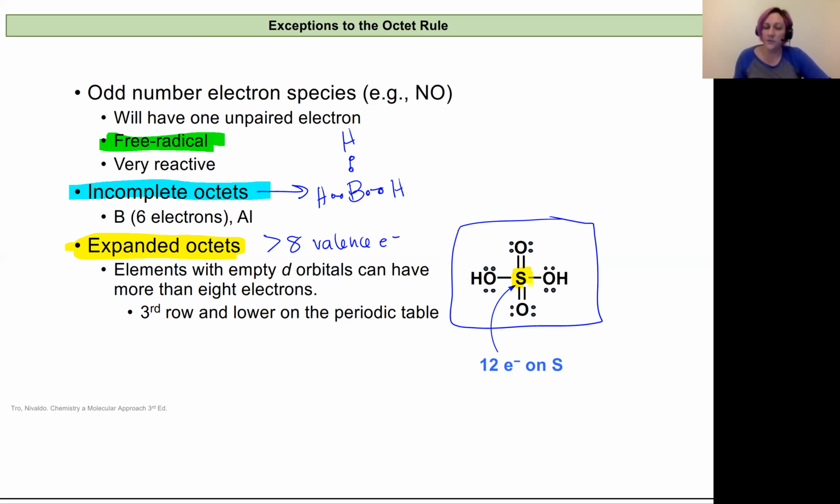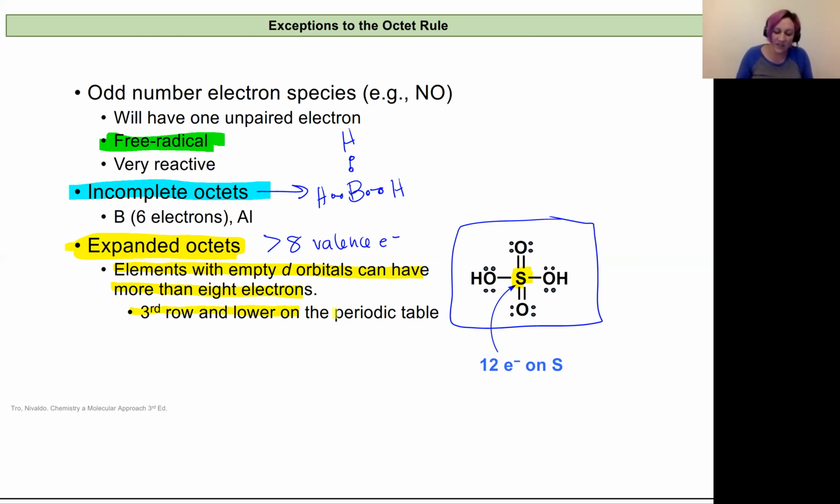But why does sulfur do something different? It's about its position on the periodic table. In the periodic table, elements that have empty d orbitals are going to be able to have more than 8 electrons. And what they're doing is putting those extra electrons in the empty d orbitals when they're forming these bonds. That's where they're overlapping.